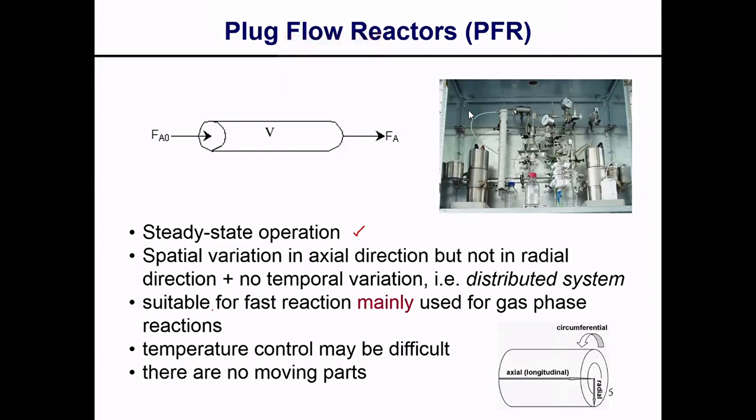So it is suitable for fast reactions, mainly used for gas phase reactions. Temperature control may be difficult, and there are no moving parts. So there is no agitation because they just flow here.